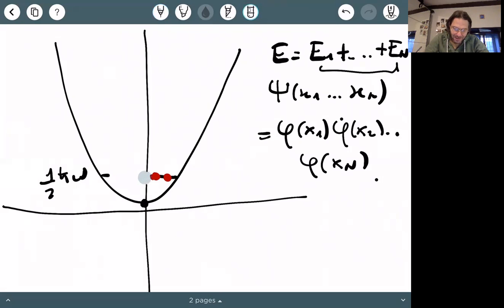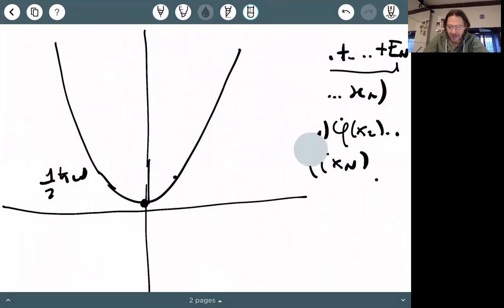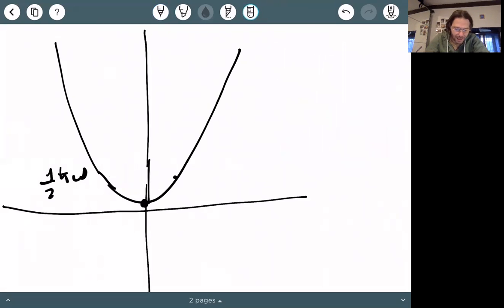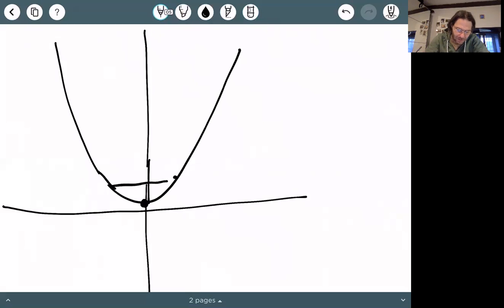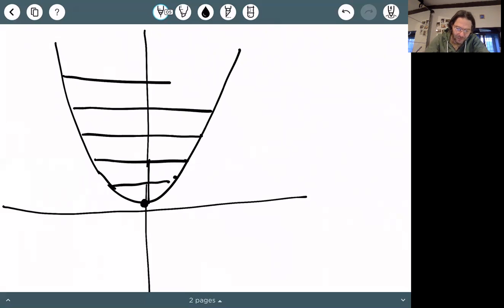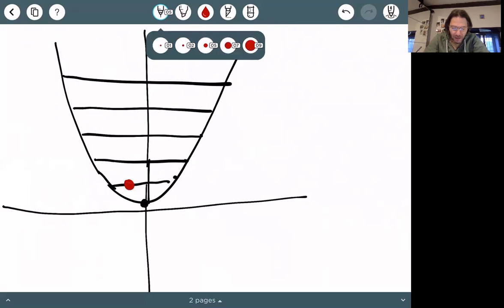However, if you have a system of fermions, something changes radically. Indeed, I have my ground state, first excited state, second excited state. Now I'm going to need more levels. Of course, the first particle can go into the ground state, and say these are fermions.